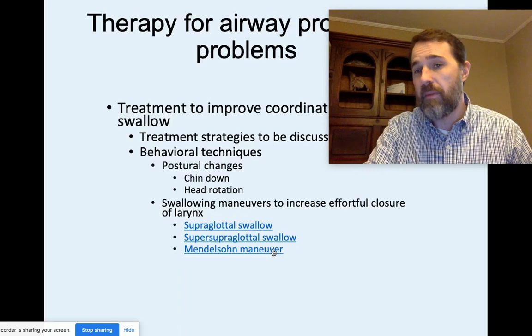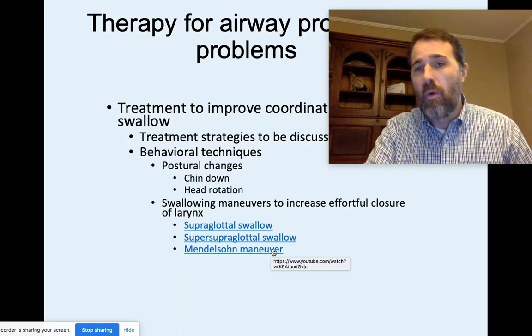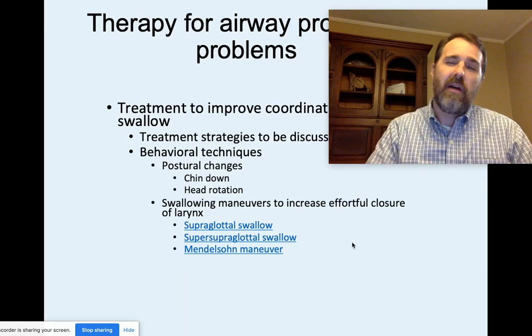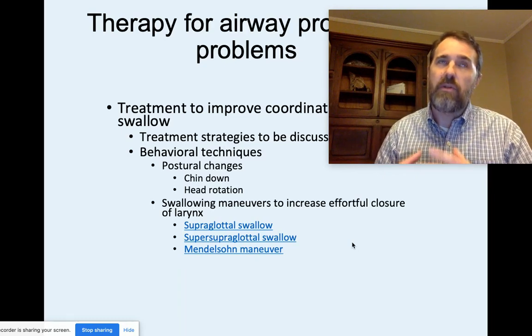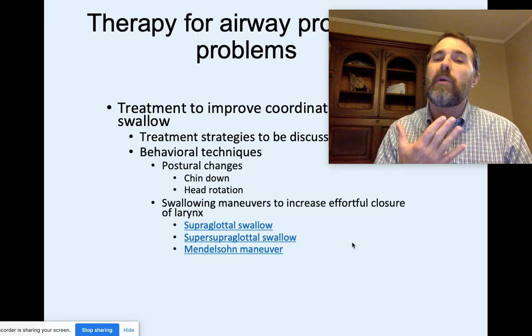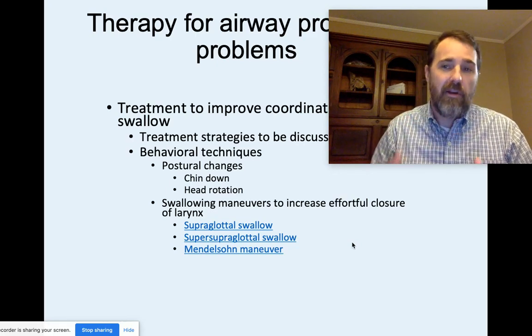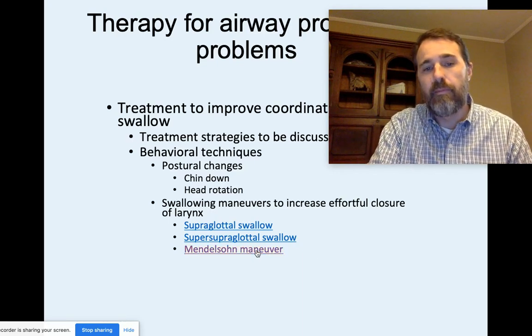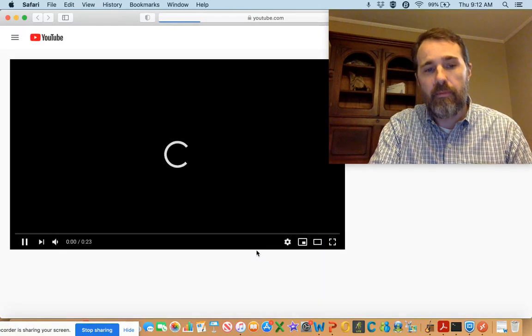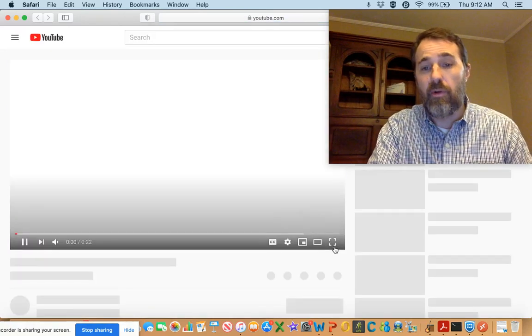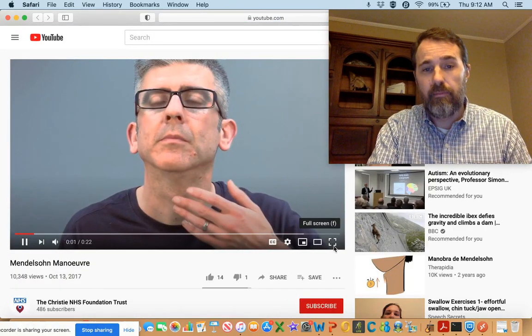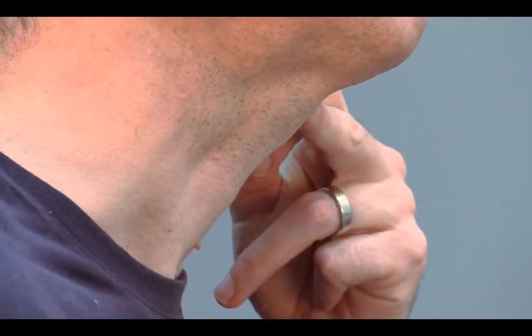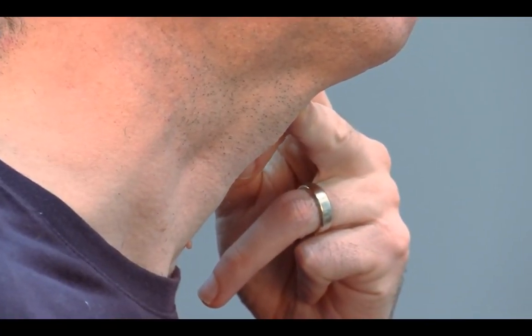And there is also something called the Mendelsohn maneuver, which is an exercise that we use to facilitate hyolaryngeal excursion, meaning the larynx being pulled up during the swallow. Swallow your saliva a couple of times and pay attention to your neck as you swallow.